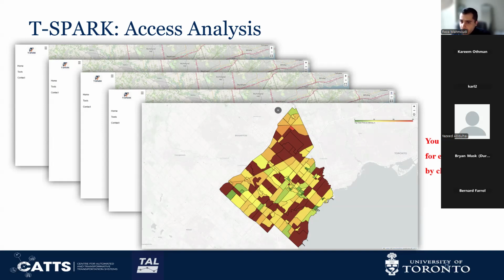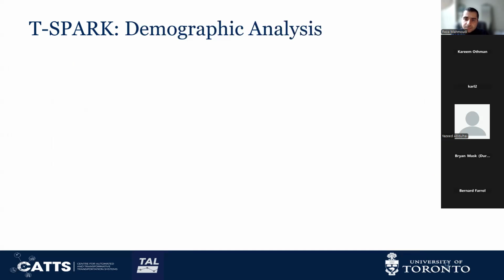If you click on each zone, you will see details of the access analysis for each zone separately. Here, for example, you see the results for access to grocery within the city of Mississauga for a regular weekday during AM peak using public transit.